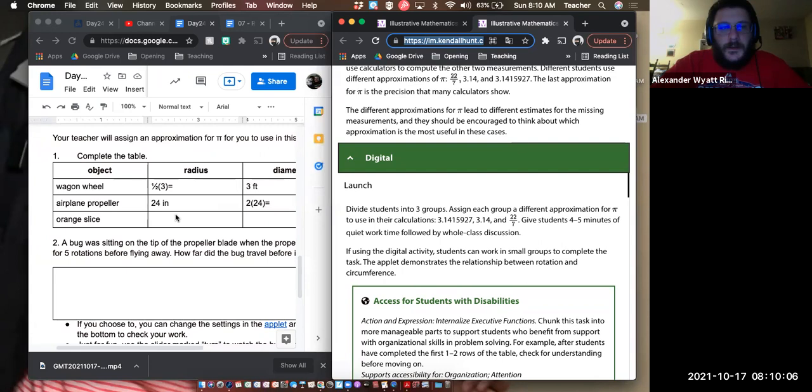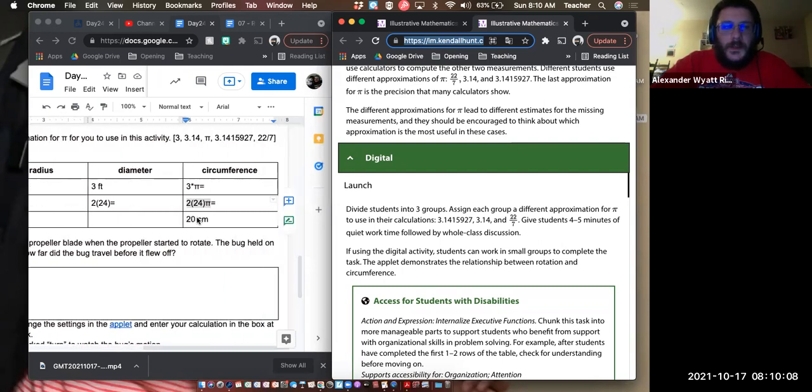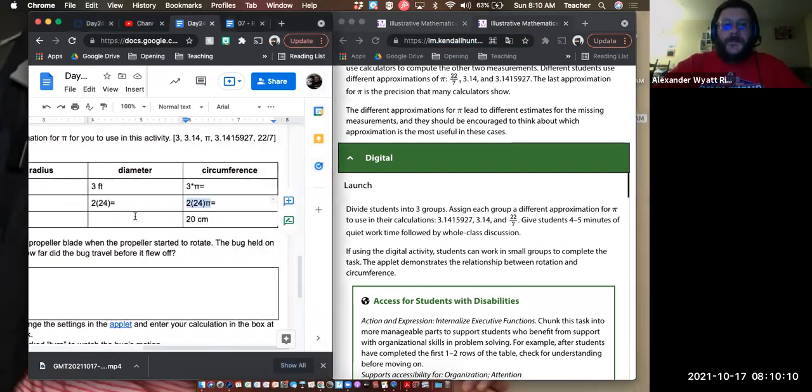And then you got 20 centimeters, right? So 20 is equal to 2 times pi times the radius, right? So then you would solve for that, and you would get 10 over pi, and whatever number that is.